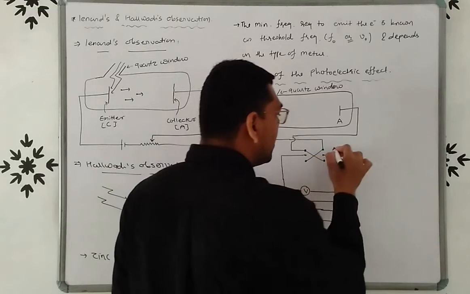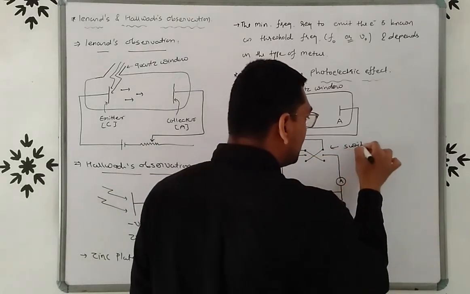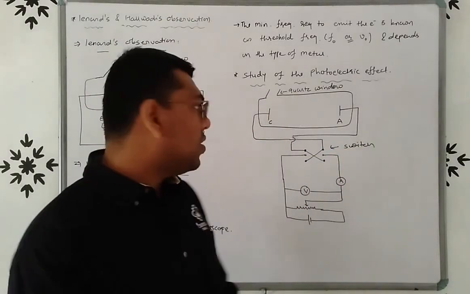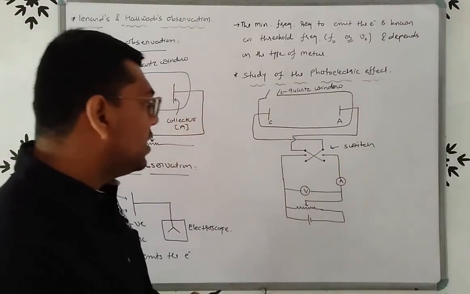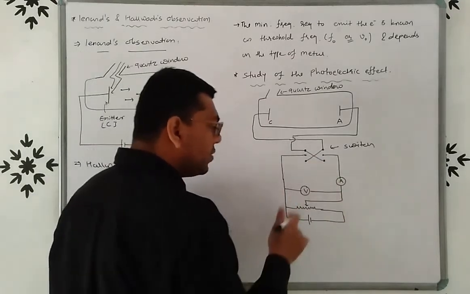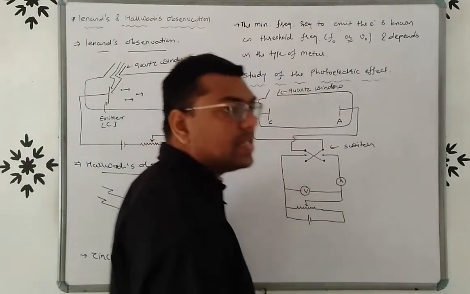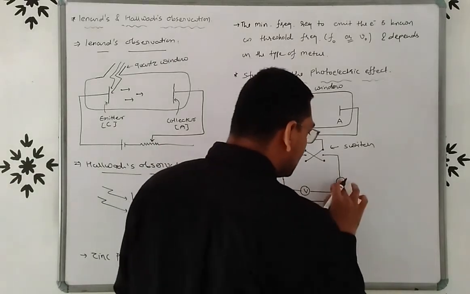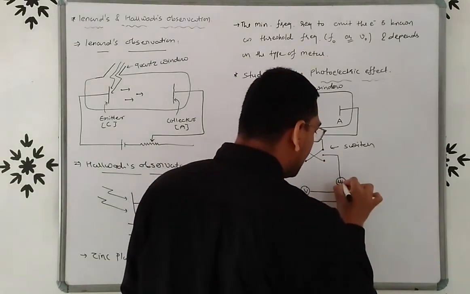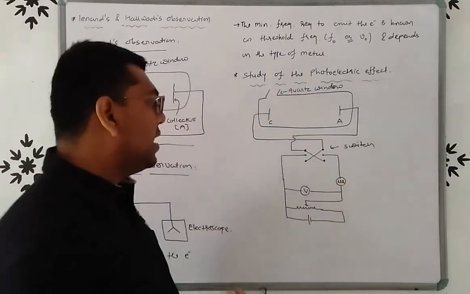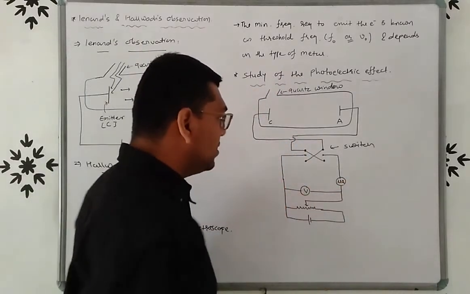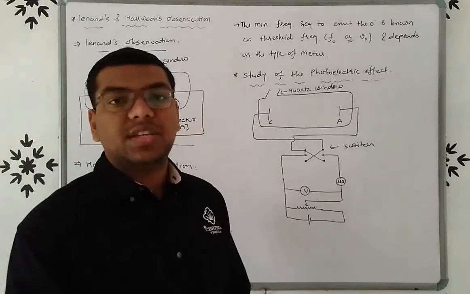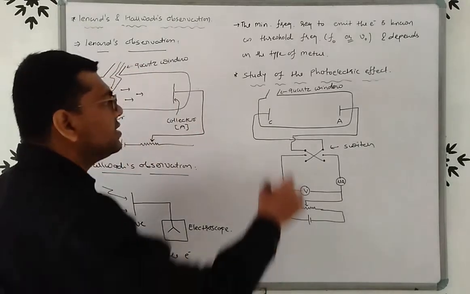This is the commutator switch, right, through which we are able to change the potential of these electrodes. Then it is connected to the voltmeter that is used to measure the voltage, and it is connected to the emitter, with the micrometer, and after that it is connected to the potential.